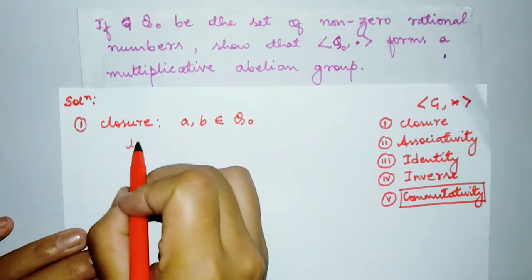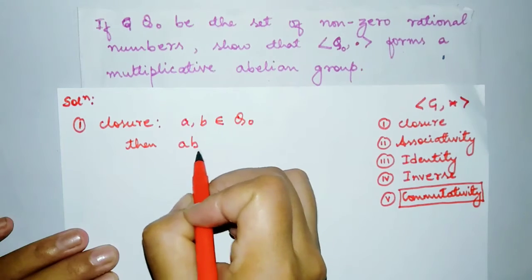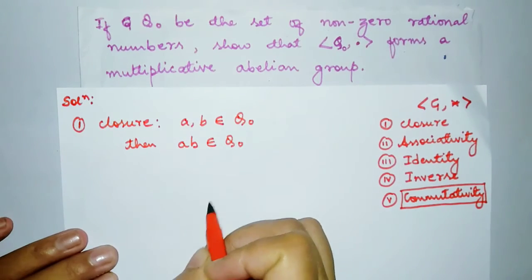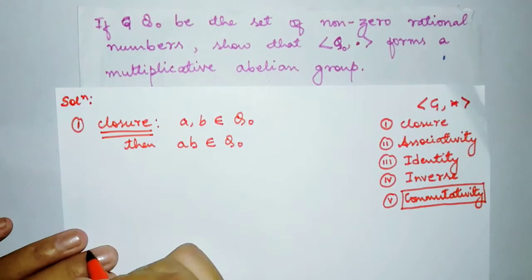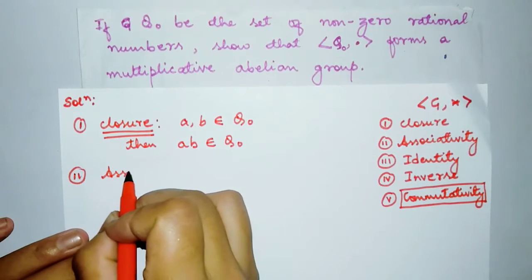Then clearly, if we take their product, that product also belongs to Q0. Okay, hence closure property is satisfied. Second one, for the associativity.